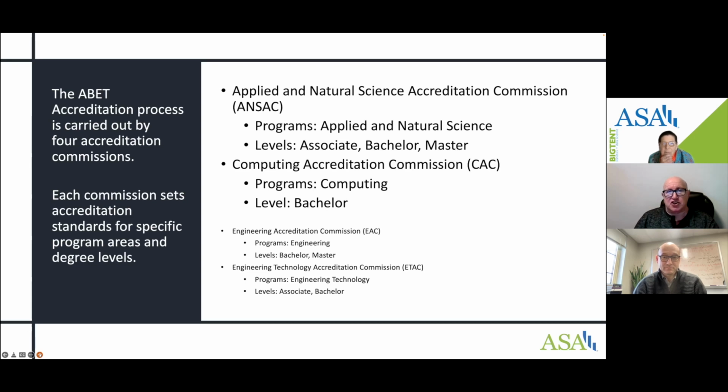The 2 that are in large font on this slide are the relevant ones to this discussion among the 4 ABET accreditation commissions: the Applied and Natural Science Accreditation Commission and the Computing Accreditation Commission are both part of what we will be talking about today. Next, Donna, please.